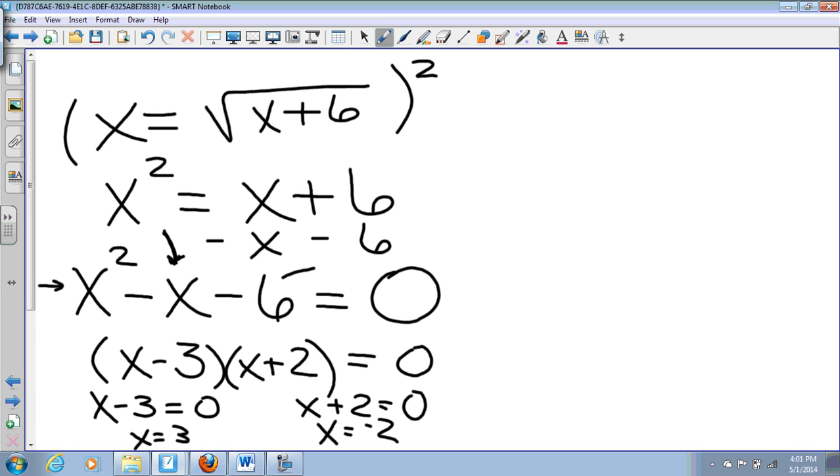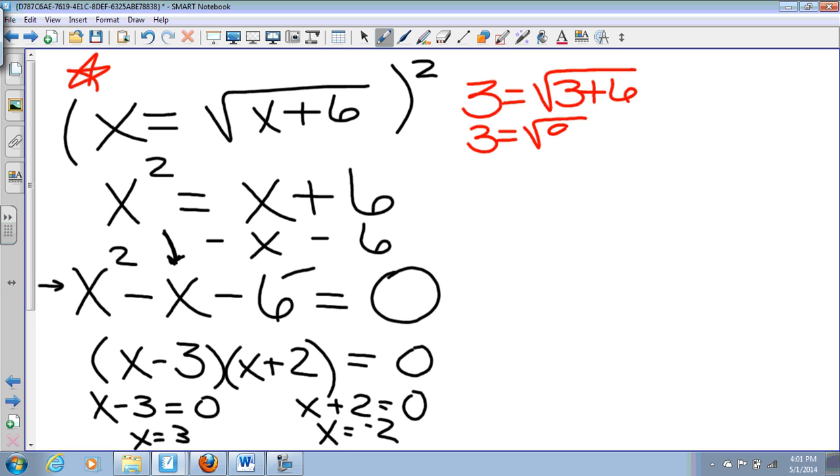Now we need to determine if either of these actually work. So we go back to our original equation, and we substitute in. 3 equals the square root of 3 plus 6. Well, 3 plus 6 is 9, so 3 equals the square root of 9, and that in fact is true.